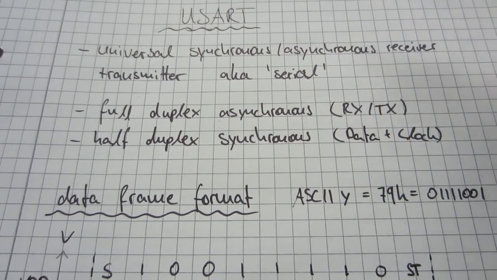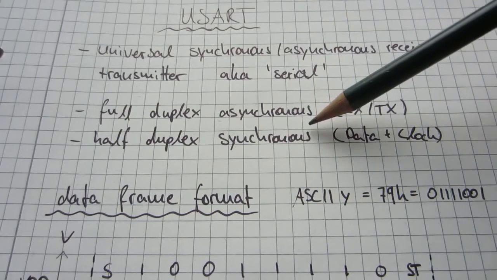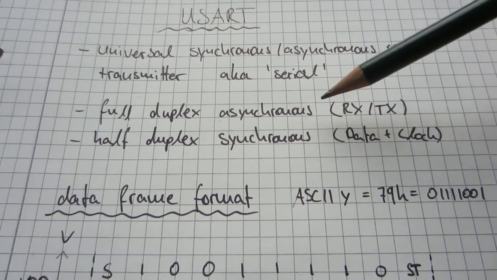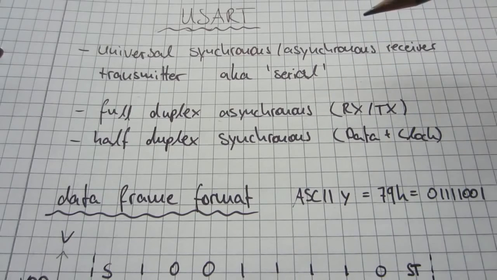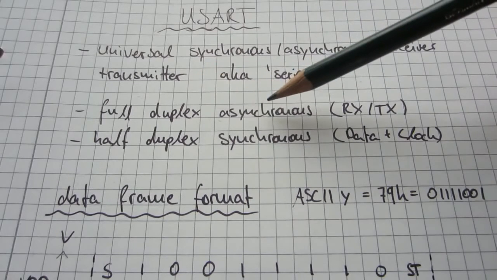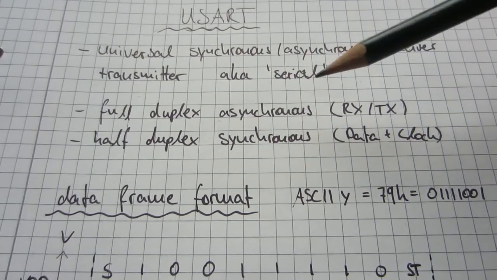And because it only has one data line, it can only be a receiver or a transmitter, depending on the register settings. So it's kind of like a sort of SPI that only has either a receive or a transmit line.